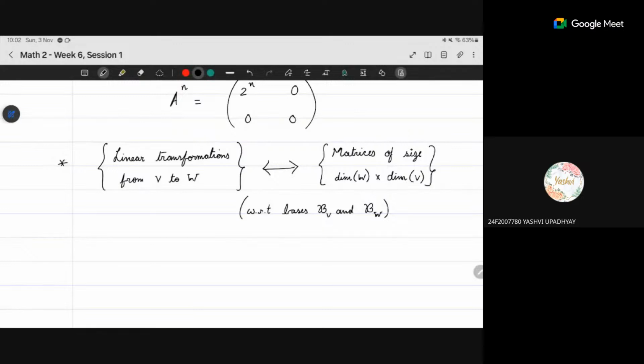So if I'm given a specific basis on V and a specific basis on W, a linear transformation is nothing but a matrix. That's what this says.